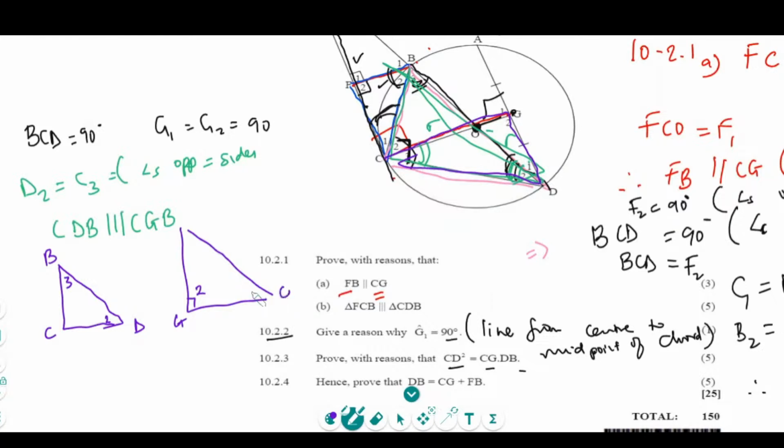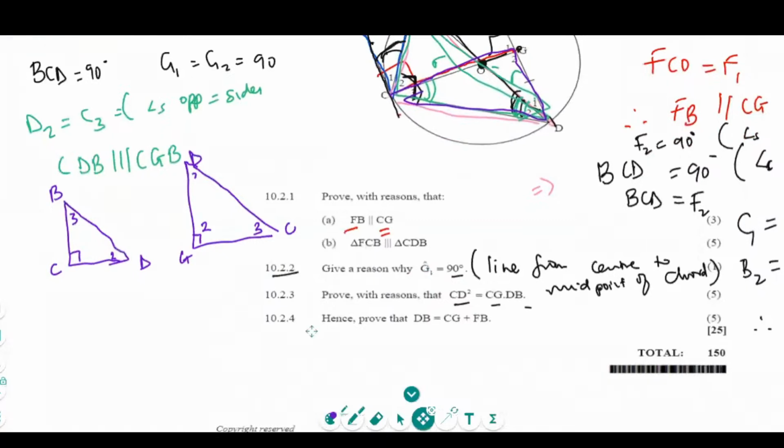So this is my C3, and this is my D2, somewhere there. Since they are right angle triangles, I can apply the theorem of Pythagoras, or I can just compare them since they are similar. I don't even need to apply the theorem of Pythagoras.